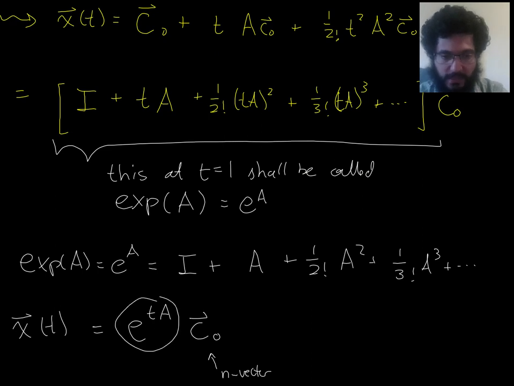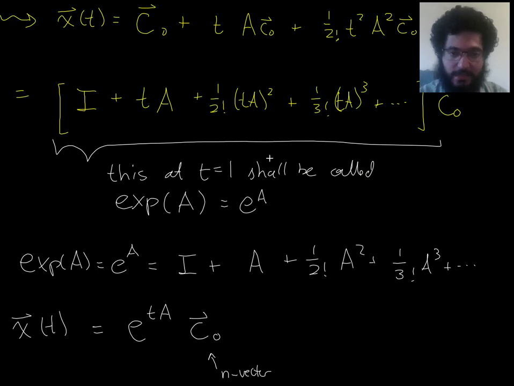And then what's this? It's an infinite series of matrices, right? This is a matrix, this is a matrix, and then we're adding them up in an infinite series. The result should be a matrix, assuming the series converges. It turns out it always does.